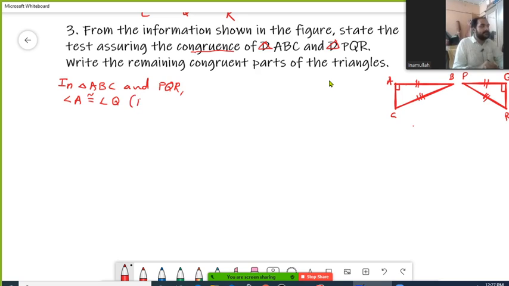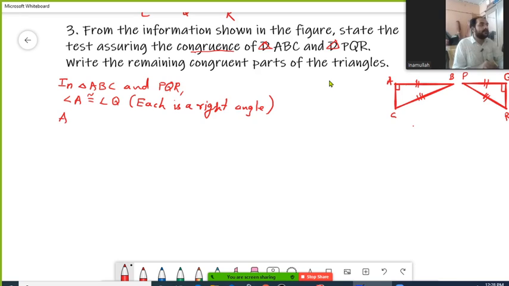Reason is each is a right angle. So here I'll mention each is a right angle. That is the reason they are equal or congruent. We need three components. Now we have one. We need two more components.